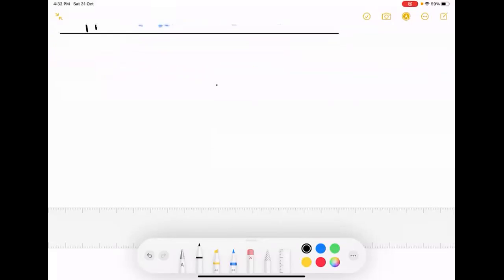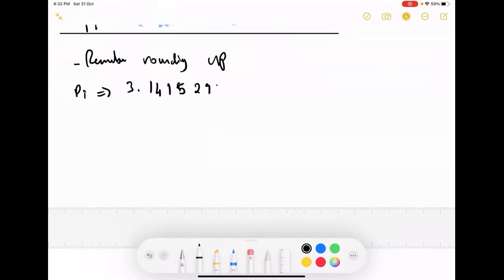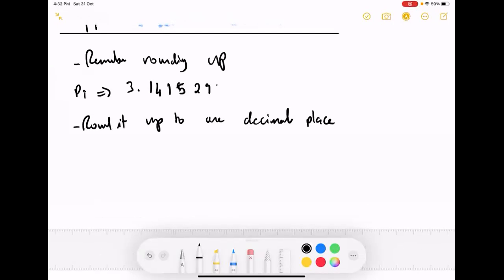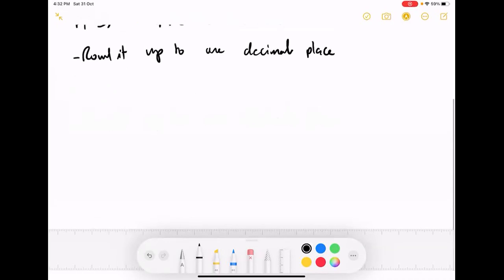So let's assume. Let's remember rounding up. So we have 3.141529. We want to round it up to 1 decimal place. What shall we do? Okay, 3.1. Very good.